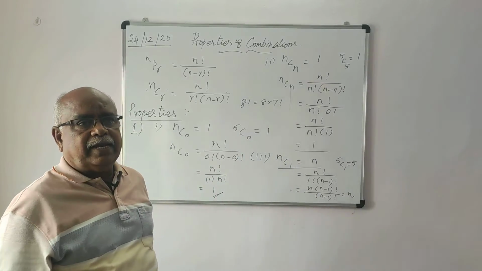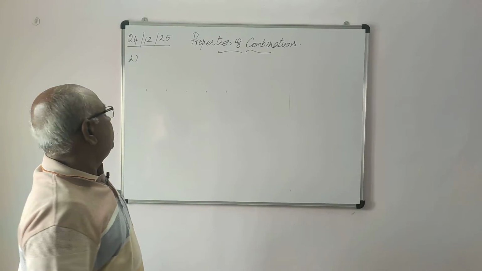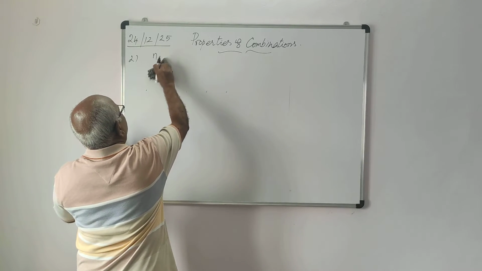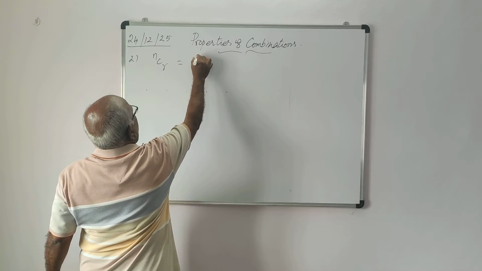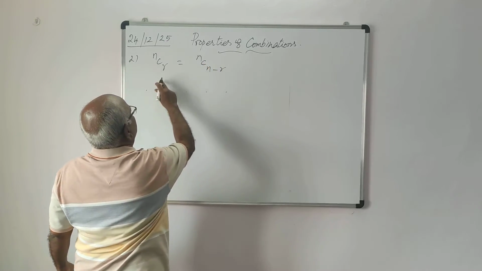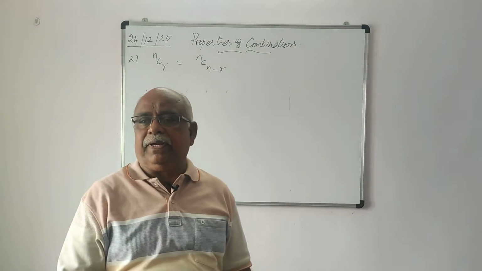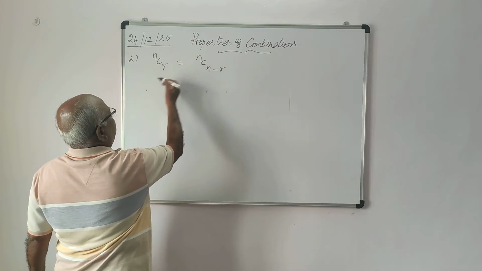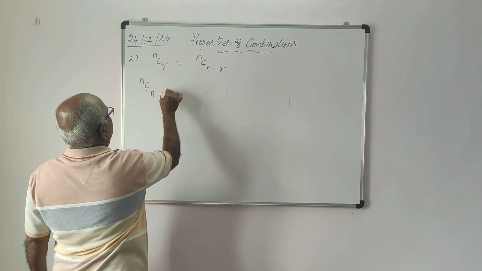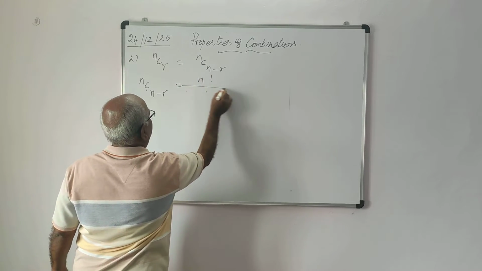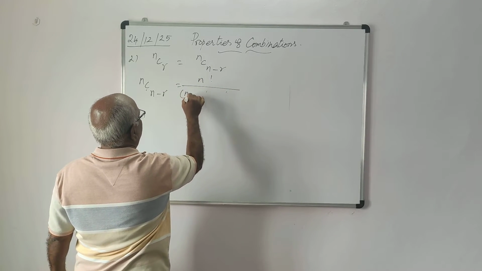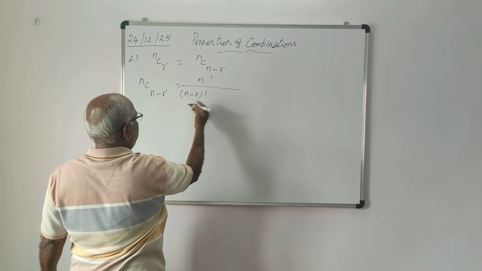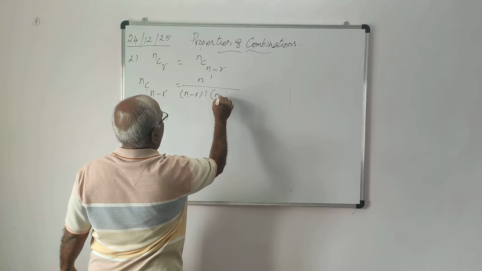Subresults. Okay. Next property, second: nCr equal to nC(n minus r). This is an important property. nCr equal to nC(n minus r). It can be derived as nC(n minus r) equal to n factorial by (n minus r) factorial into (n minus (n minus r)) factorial, by formula. nCr is n factorial by r factorial into (n minus r) factorial.